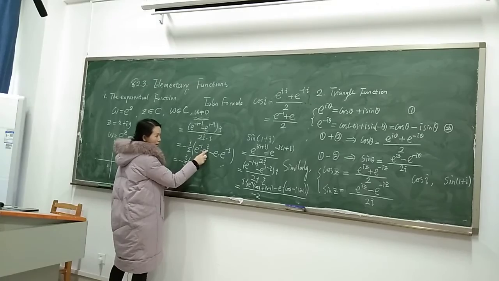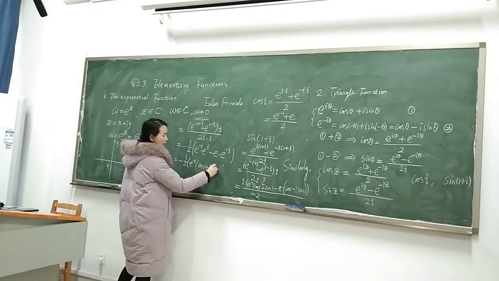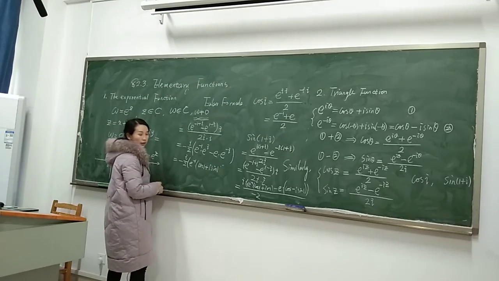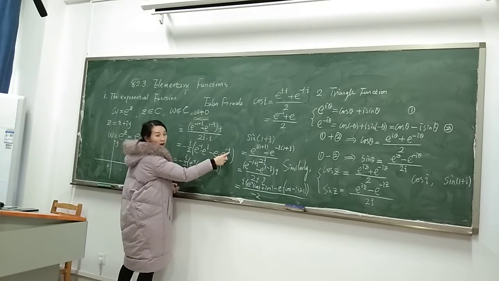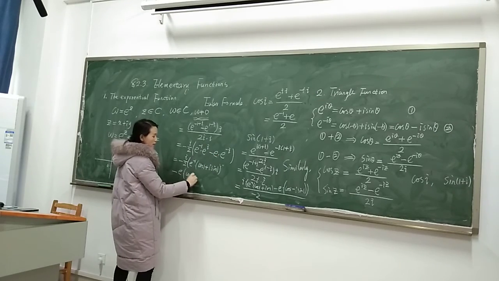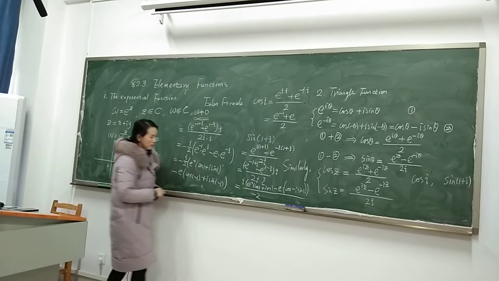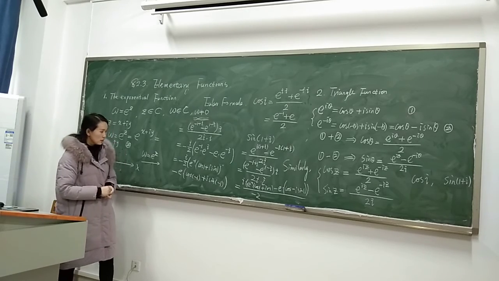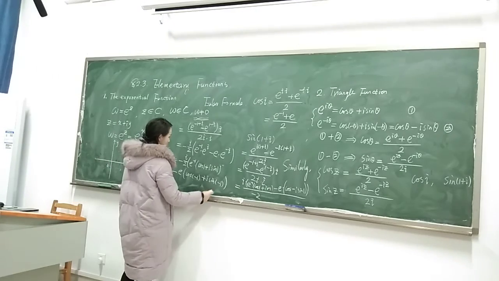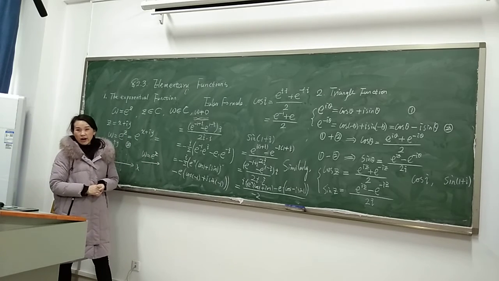This e to the i, you can write cosine 1 plus I sin 1, minus e to the negative I, you can write cosine minus 1 plus I sin minus 1. Any question here? Do you understand it?